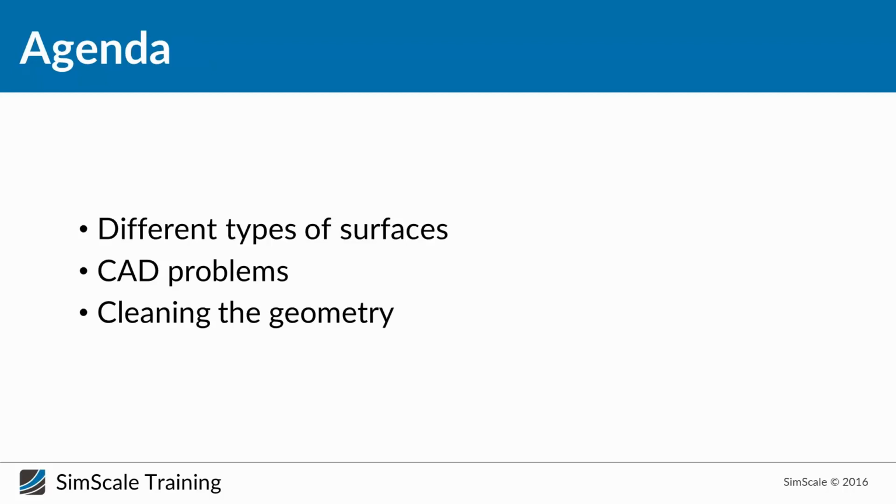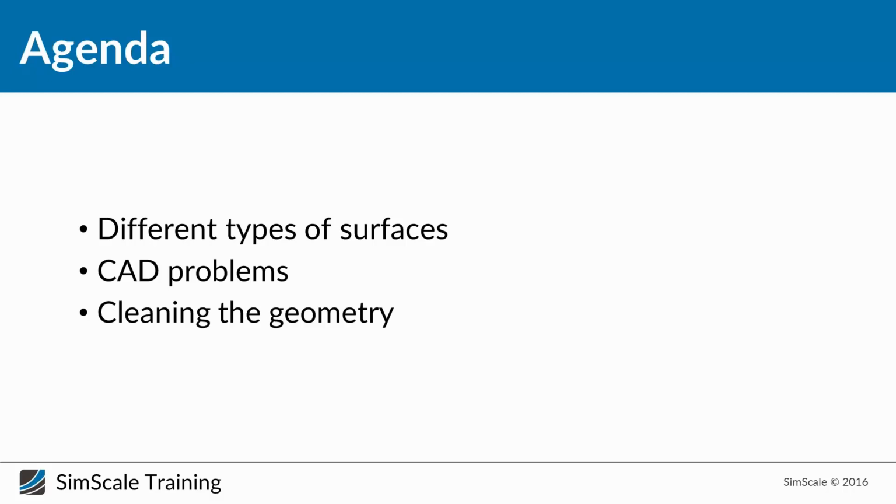I've decided to split the presentation into three parts. First of all, because we are going to talk about how you can handle geometries, it's really important to understand the different types of geometries that we have in CAD software. Then we'll go to the problems that we will face later when we start to design using the CAD software.